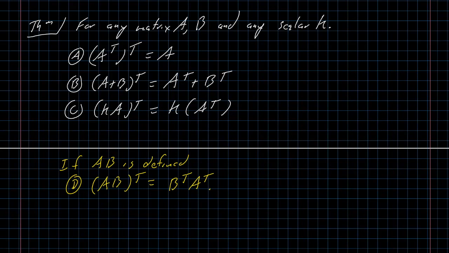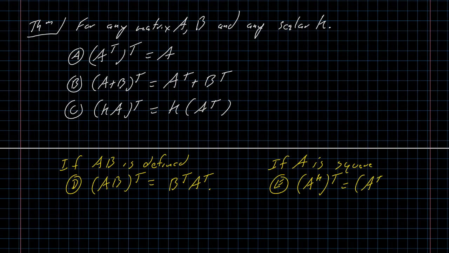That's the one that's a little bit weird. And there's a nice follow-up on that. If A is square, I can prove a property I'll call E: A to the K transpose is the same thing as A transpose to the K.